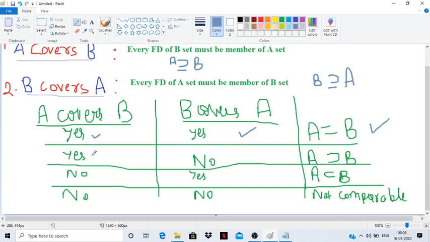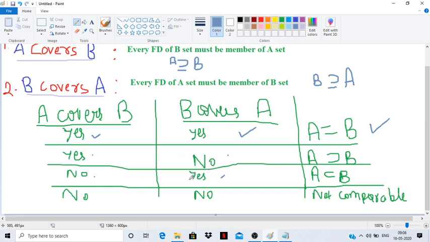Now if A covers B is true and B covers A is false, this means whatever items are present in B are all present in A, but not all the items of A are present in B. So A contains some more items than B, which means A is a superset of B. Again, the third condition: A covers B is false and B covers A is true.